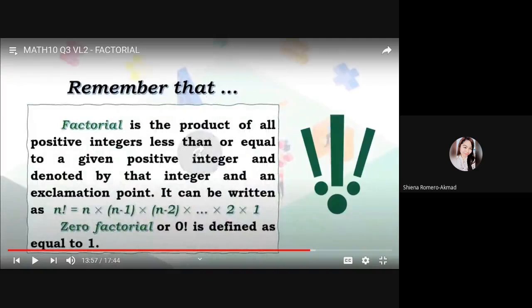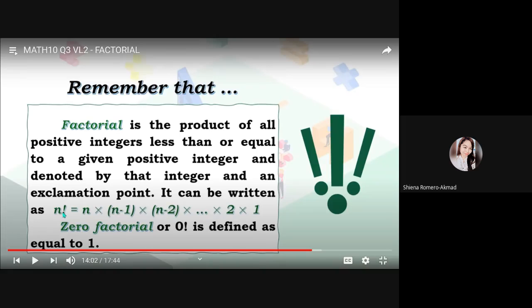So for the wrap up, remember that factorial is a product of all positive integers less than or equal to a given positive integer, and denoted by that integer and an exclamation point. And it can also be written as n factorial is equal to n times n minus 1. Tulad nung kaninang ginagawa natin, di ba?